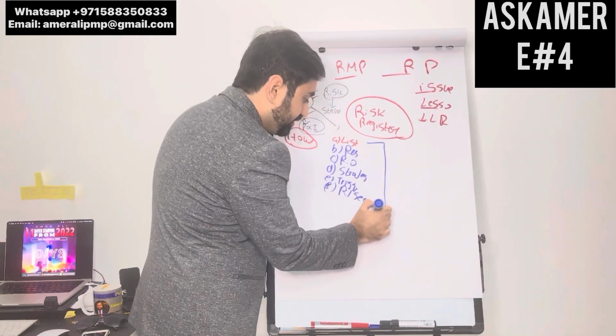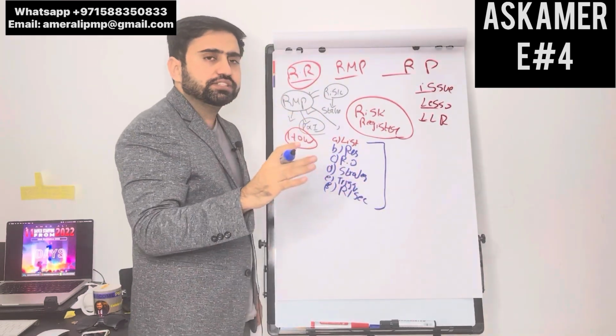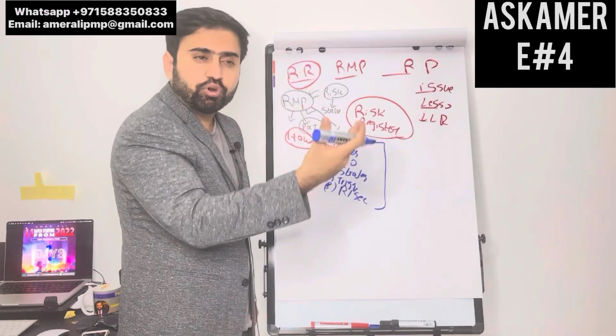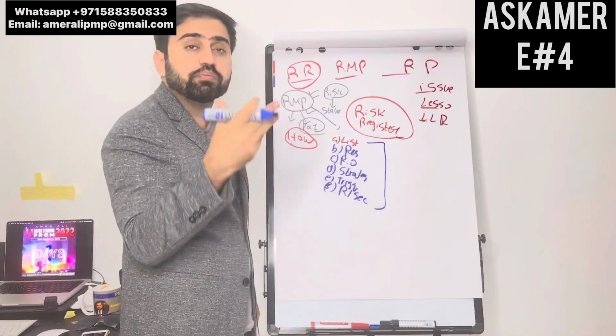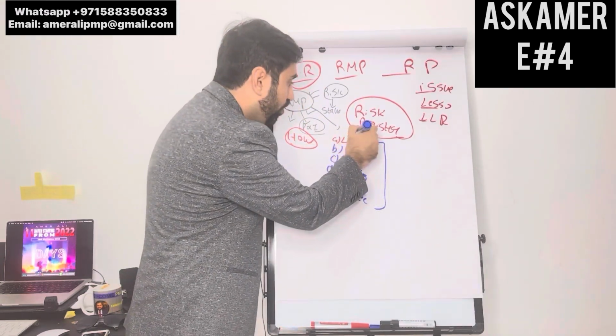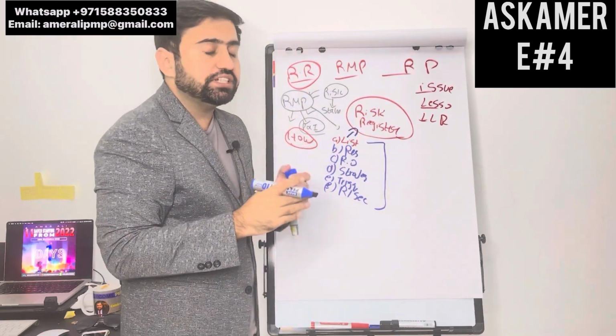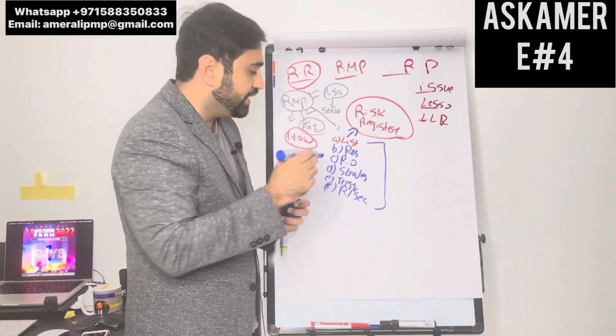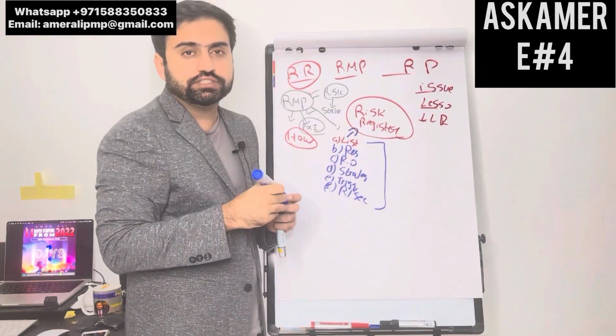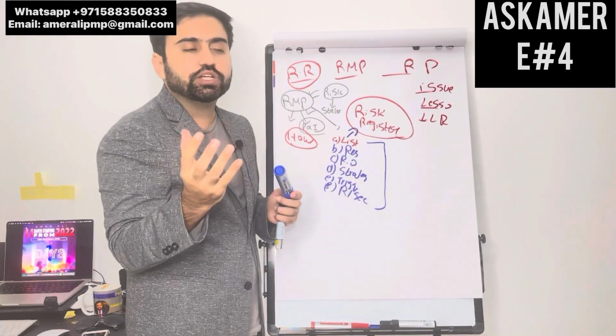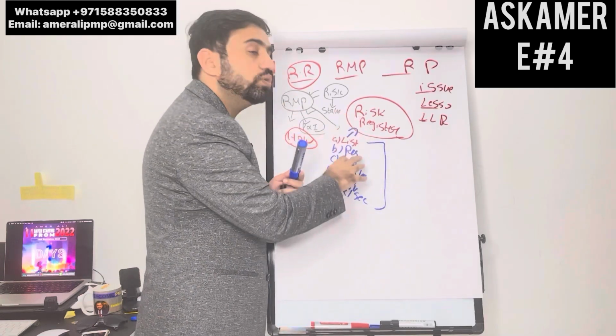All these things are in the risk register. All the risks which are high priority, low priority, even those put in the watch list, are all in the risk register. And if a new risk is identified anytime in the project, it is added into the risk register, and you don't need a change request to add a risk into the risk register.